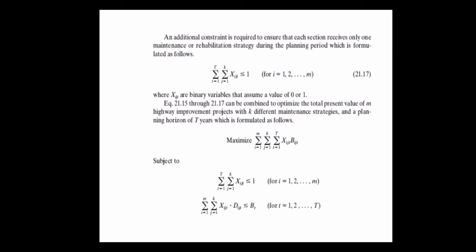Equations 21.15 through 21.17 can be combined to optimize the total present value of M highway improvement projects with K different maintenance strategies and a planning horizon of T years, which is formulated as follows.